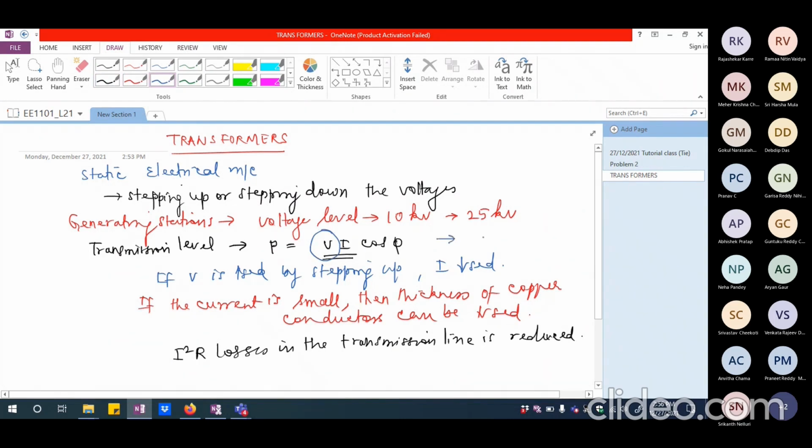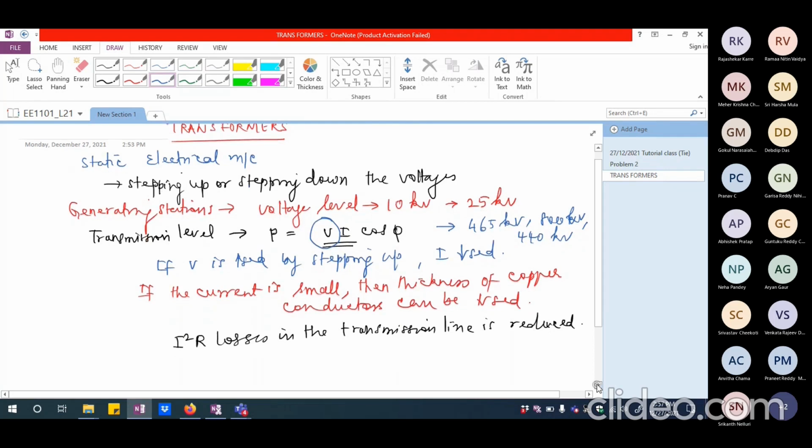The voltage will be increased to something like 465 kV, 800 kV, and 440 kV and so on. So there will be very large voltages at which the transmission takes place, and generally for that purpose a transformer is used.